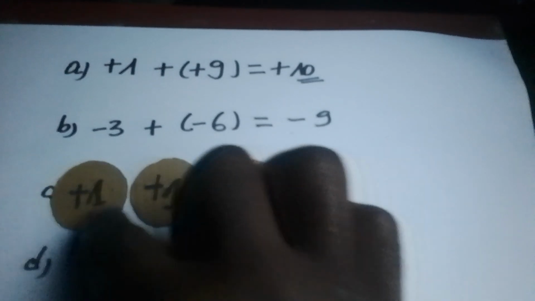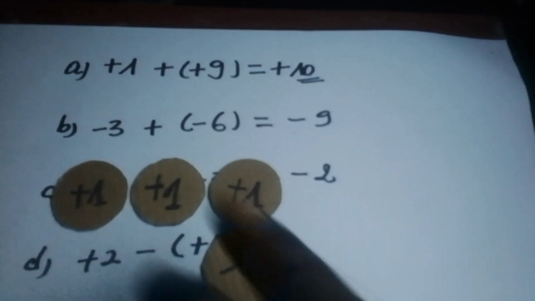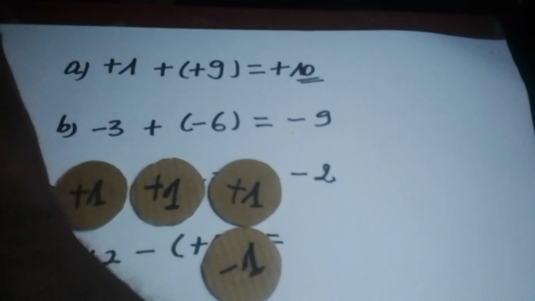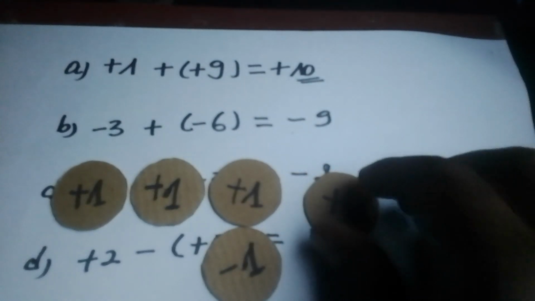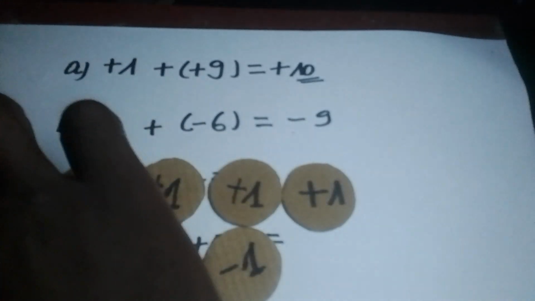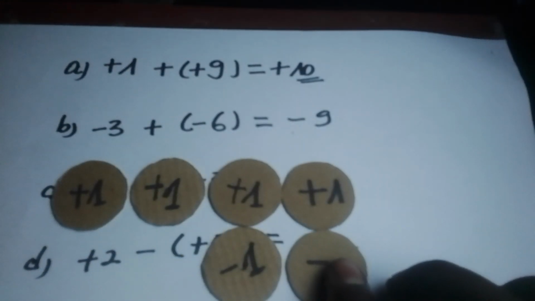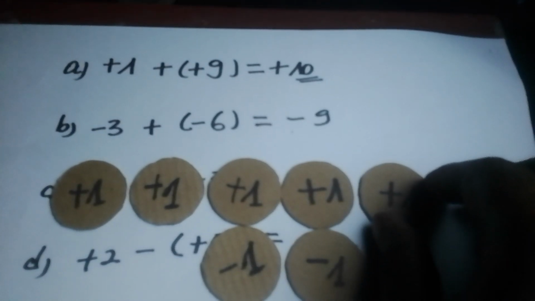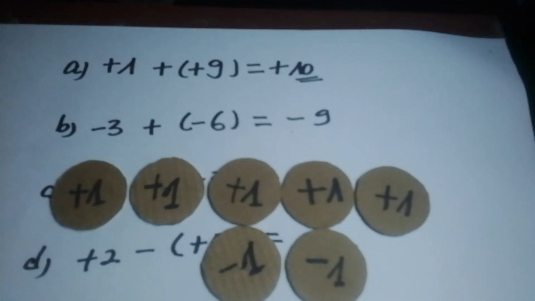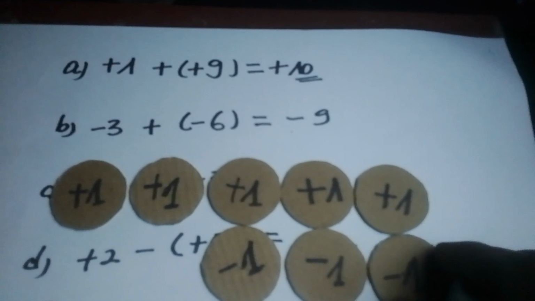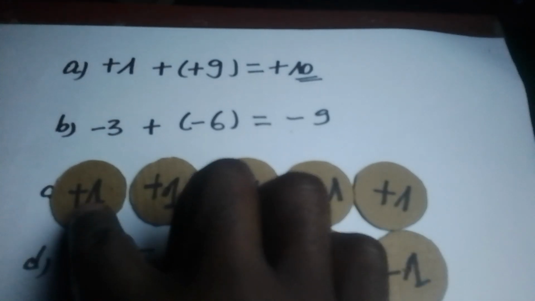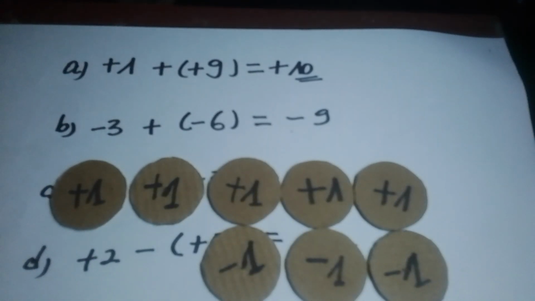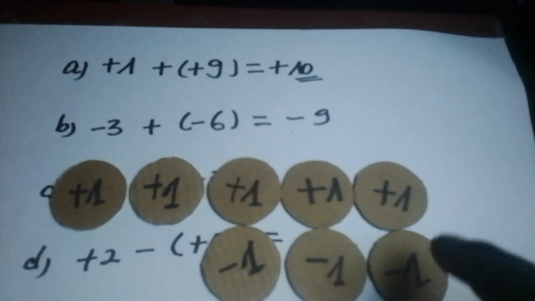We still have positive 2. And if I put another positive counter with a negative counter, we still have 2. If I add another positive counter with a negative counter, we still have positive 2 because all of these pairs are 0.